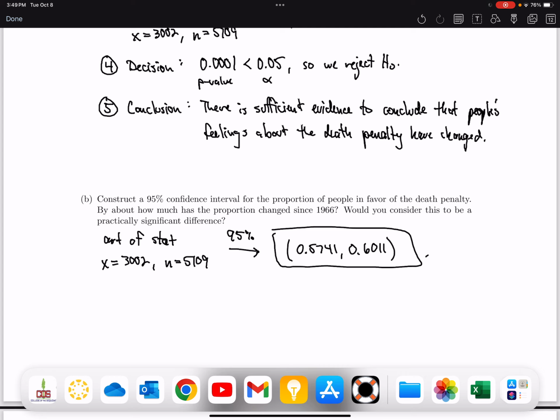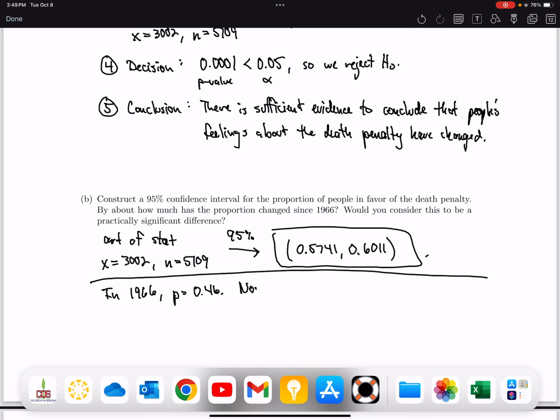Now some follow-up questions. By how much has the proportion changed since 1966? Well, in 1966, the proportion was 0.46. It was 46%. So in 1966, right, the proportion was 0.46.